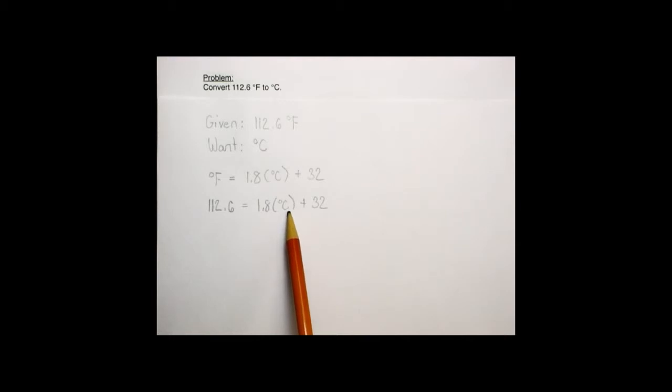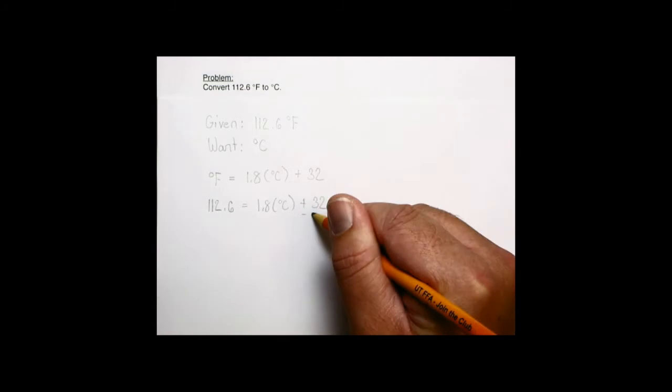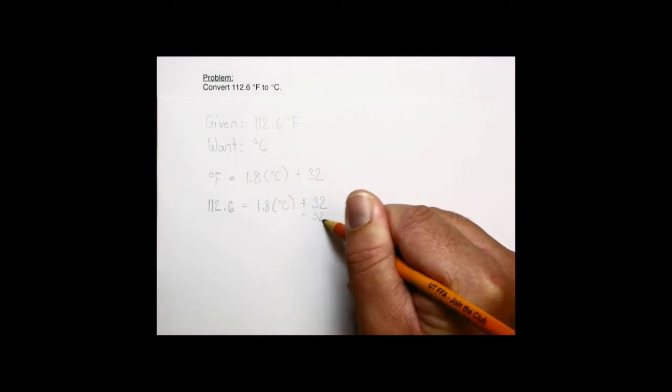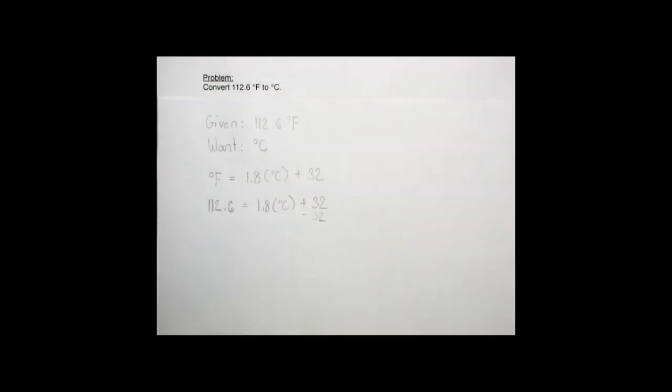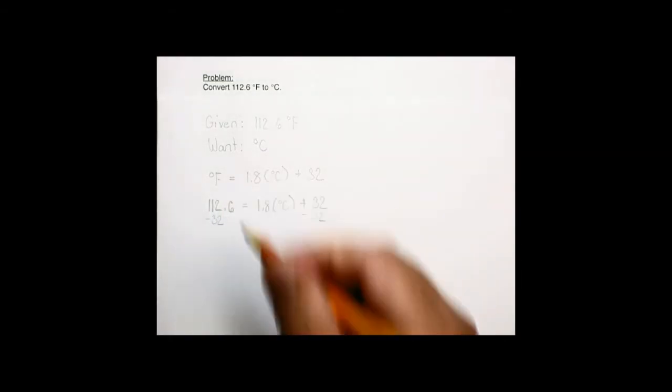So in order to do that, we start peeling off layers. We're adding 32 to that number right there. Well, we don't want that. So to undo adding 32, you subtract 32. But whatever I do to one side, I have to do to the other side. So I have to subtract 32 as well.